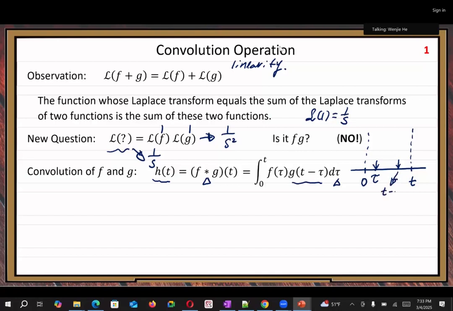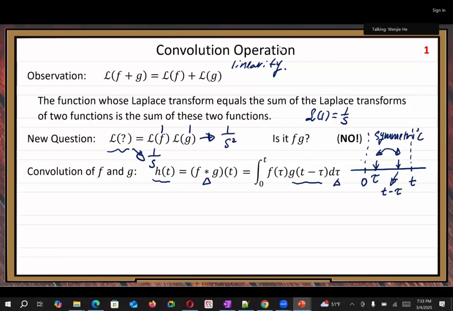You can see these two points are symmetric. There is some symmetry.